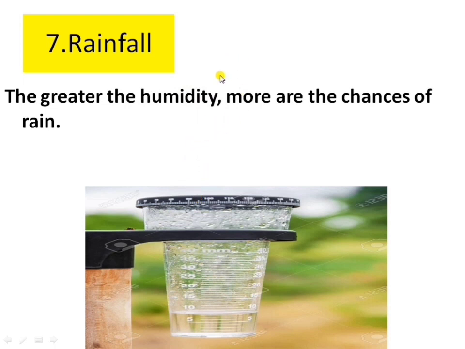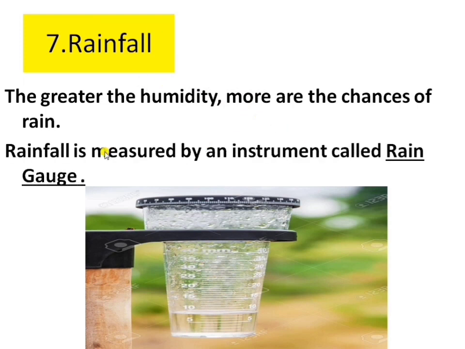From that cloud, rainfall falls on the surface of the earth. This is known as precipitation. This whole process shows how rainfall happens. Next, rainfall is measured by an instrument called a rain gauge. This is the instrument, the rain gauge.